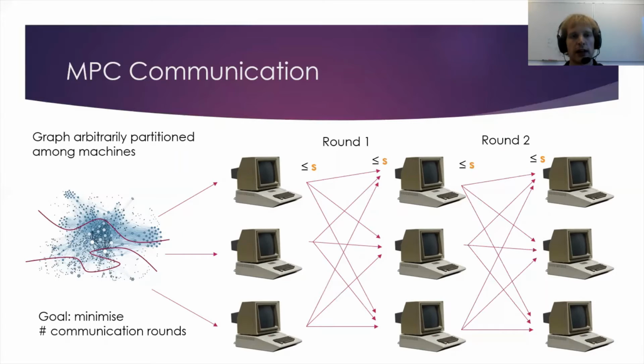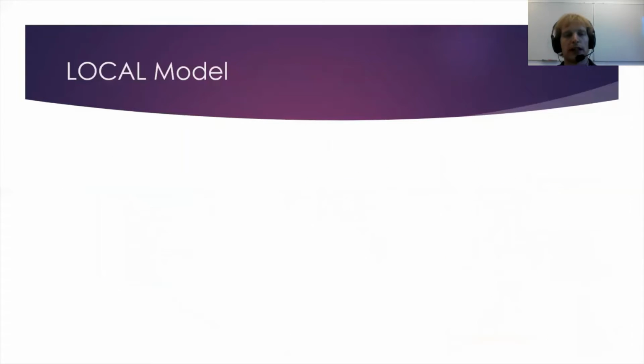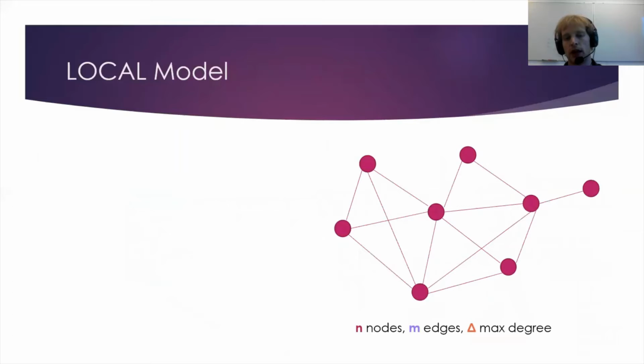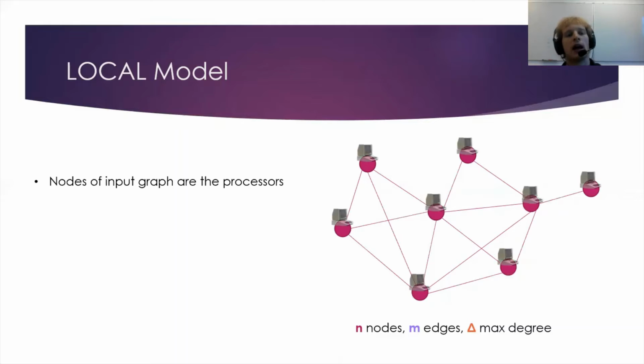I'll also talk briefly about the LOCAL model, which is probably more familiar, because we're going to see some connections between the two models in this talk. Again, we have an input graph, n nodes, m edges, maximum degree delta. But now, rather than applying a bunch of parallel machines to solve a problem on this graph, the computation is actually done by the nodes of the graph. So there's some connection between the spatial positions on the graph and the computations and the information they start with.